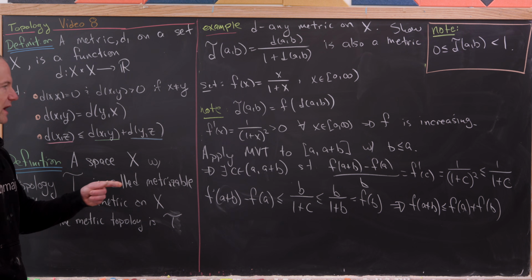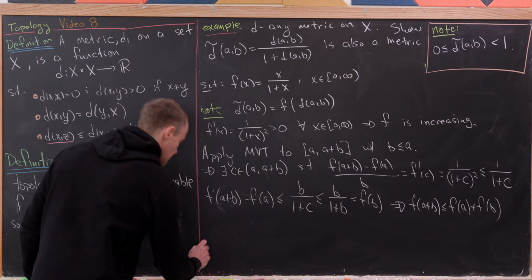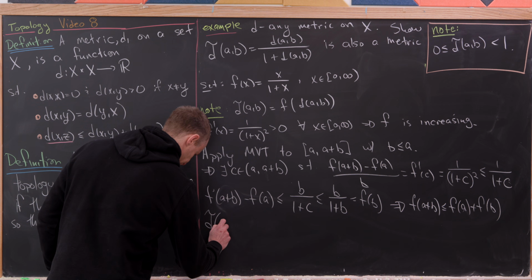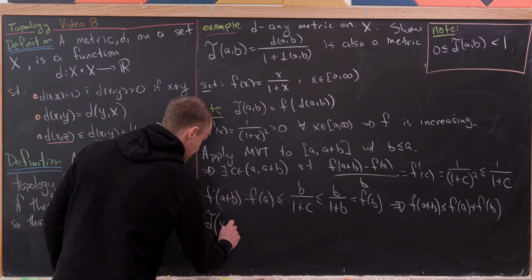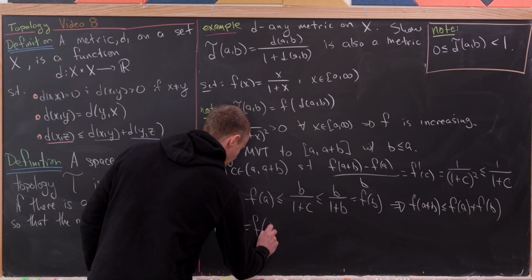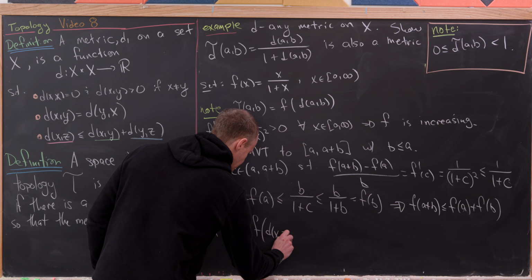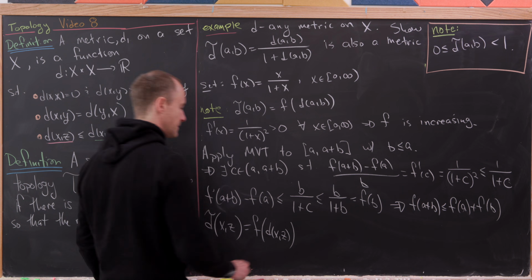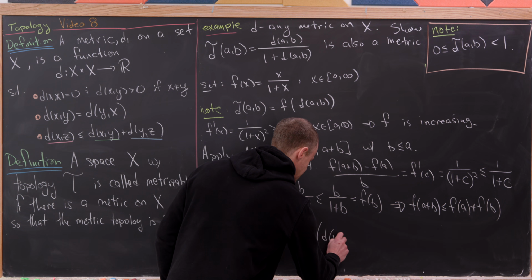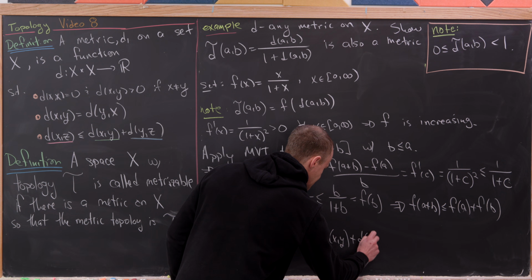And now we're ready to finish off this calculation. Notice that we have the distance from maybe x to z is going to be equal to f evaluated at the original distance from x to z, which is less than or equal to f evaluated at the original distance from x to y plus the original distance from y to z.